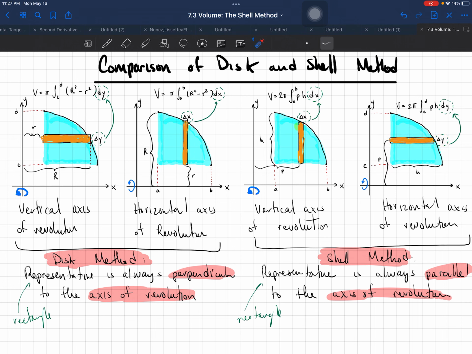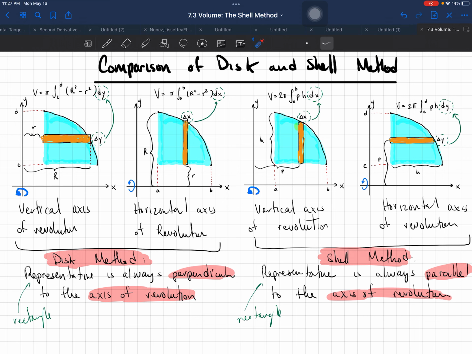The height of this will be h, and the distance from here to the axis of rotation will be p. And all we have to do is multiply p and h by dy from c to d. What are the boundaries of your delta y? C and d. That's how far it's going to be moving. It's going to be moving sideways. We're going to be creating all those rectangles, and then multiply by 2 pi.